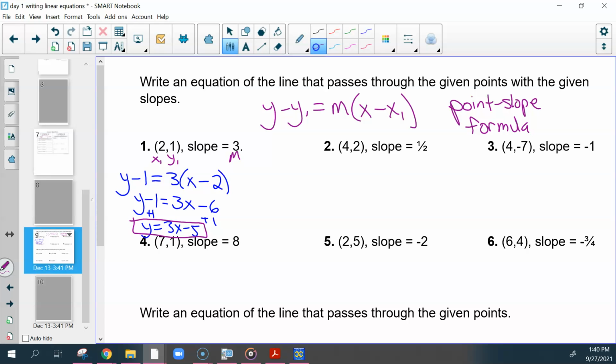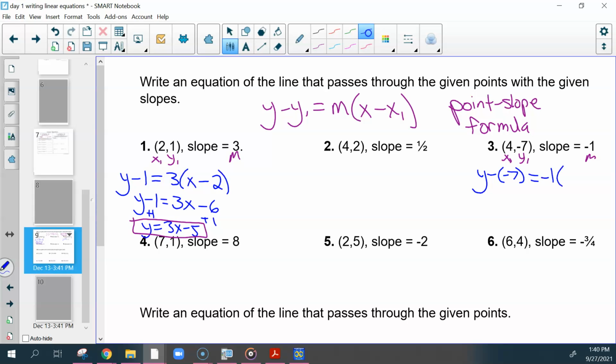So for number 3, same thing, label these, x1, y1, and m. And then put those 3 things into your point slope form formula. y minus, here my 7 is negative, but I was subtracting, so I want to put both so I know this is what's happening.